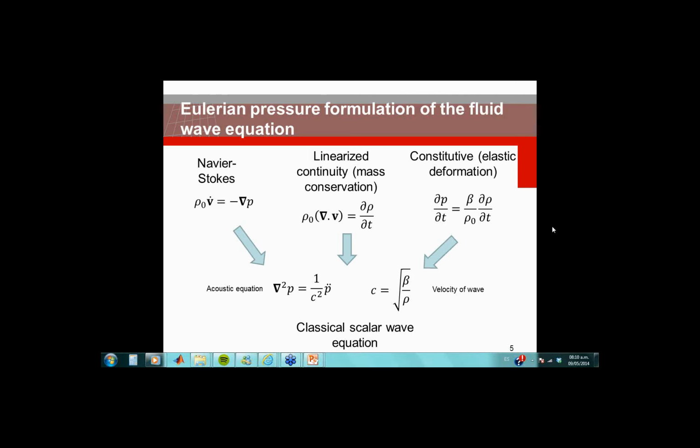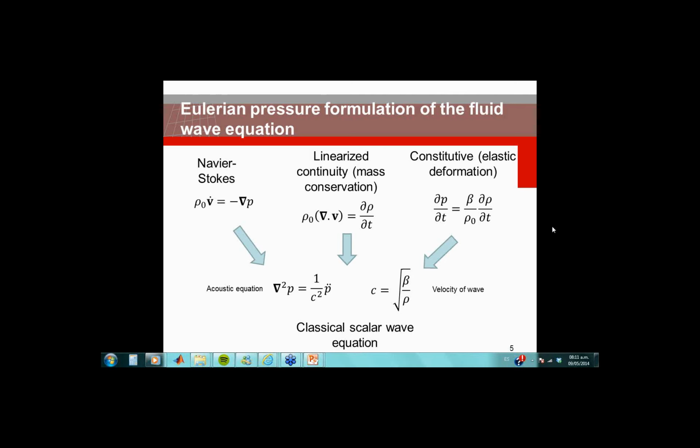of the fluid, which is the one that we can see in the lower part, and which relates the second derivative in space, the Laplacian, of the pressure of the water with the second derivative in time of the pressure of the water. So we can see clearly here that the equation of motion of the water is defined in terms of its pressures.